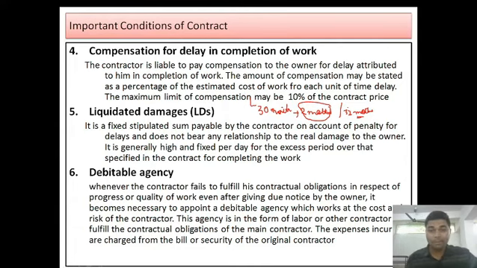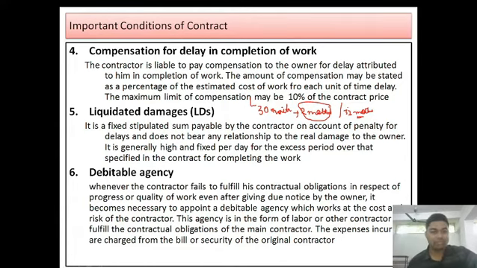This percentage of compensation for delay in completion will be mutually agreed by owner and contractor, or it may be written in the contract documents.